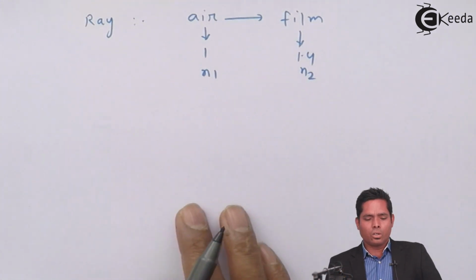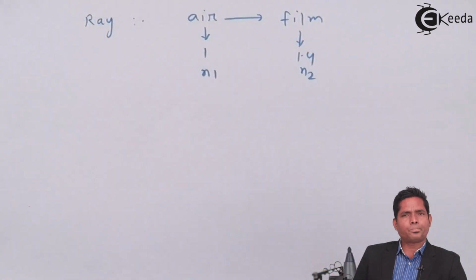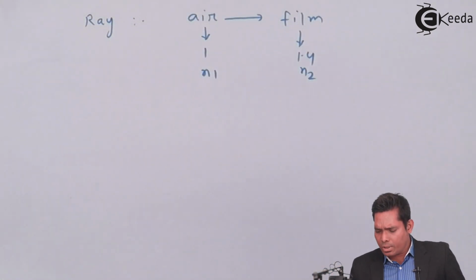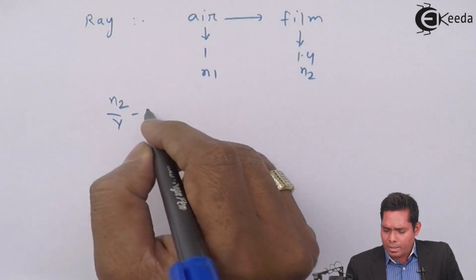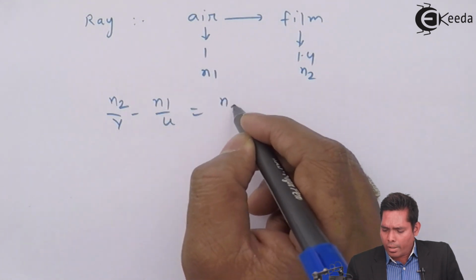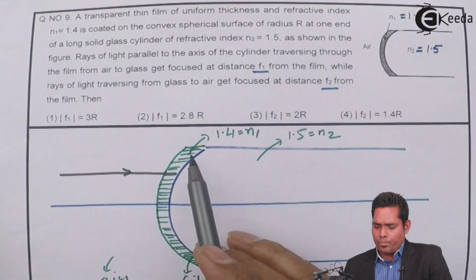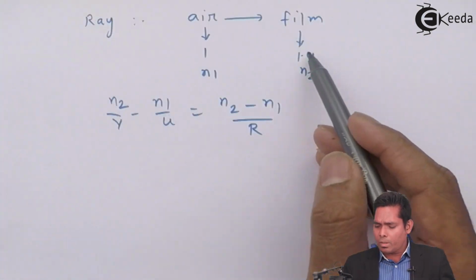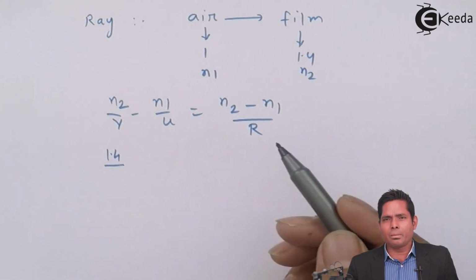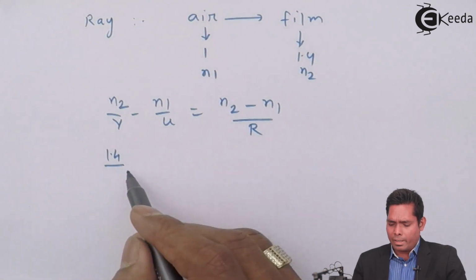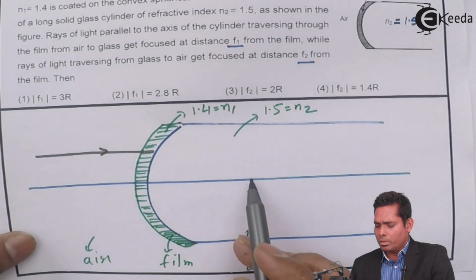With the equation n2 by v minus n1 by u equals n2 minus n1 by r, n2 is my second medium, so I'll write n2 is 1.4 divided by the final image distance, which I don't know, so I'll write that image as v.